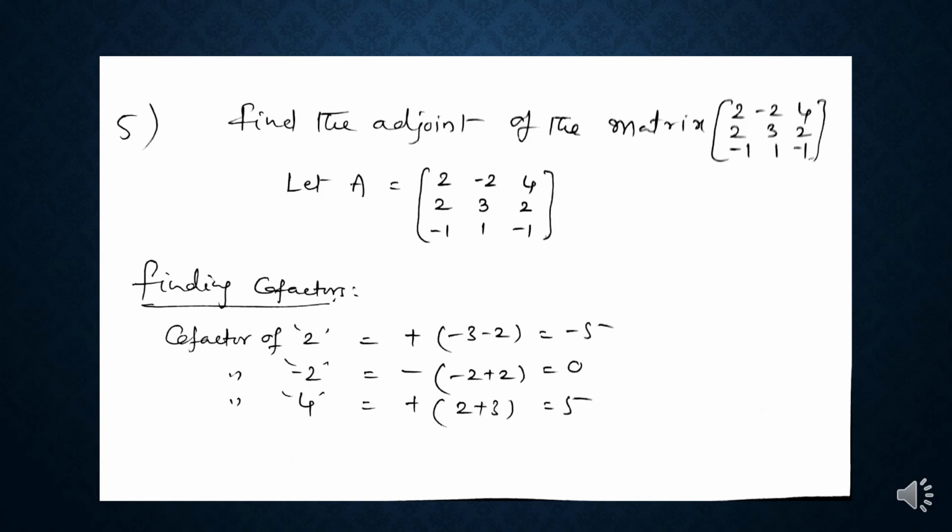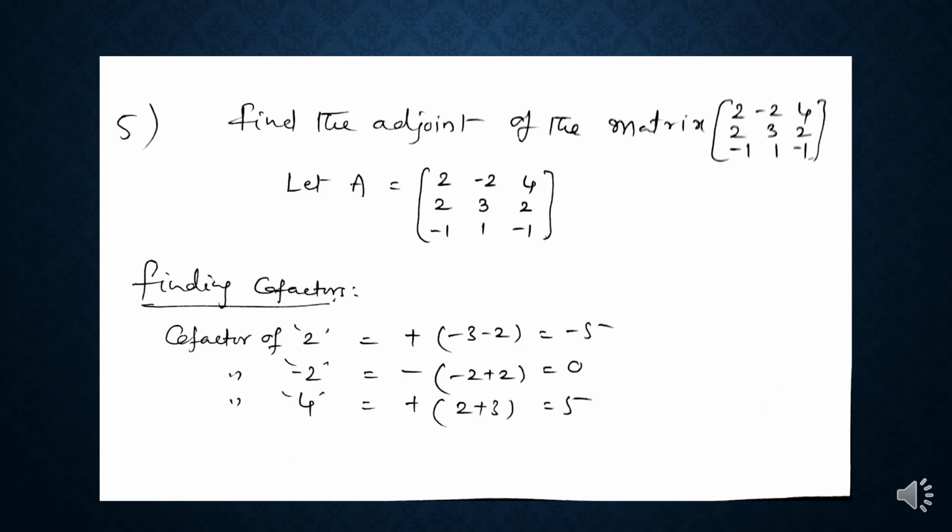How do we get the cofactor of an element? Each and every element has its own cofactor. Cofactor of an element is equal to minus 1 whole to the power of i plus j into its minor.